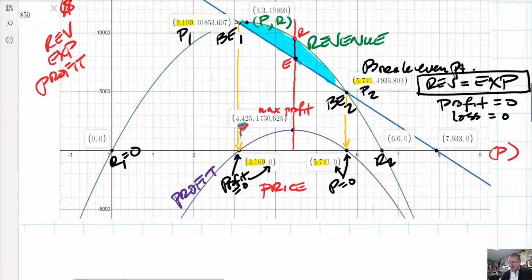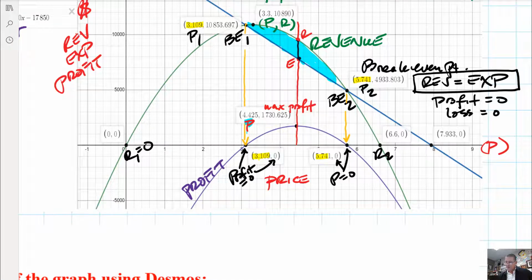Okay, so let's analyze a little bit more and talk about the intervals where the company is profiting versus losing. Between the break-even points is the profit interval. So between $3.11 and the other break-even price, $5.74, this middle interval, which I'm going to call I2, is your profit interval.